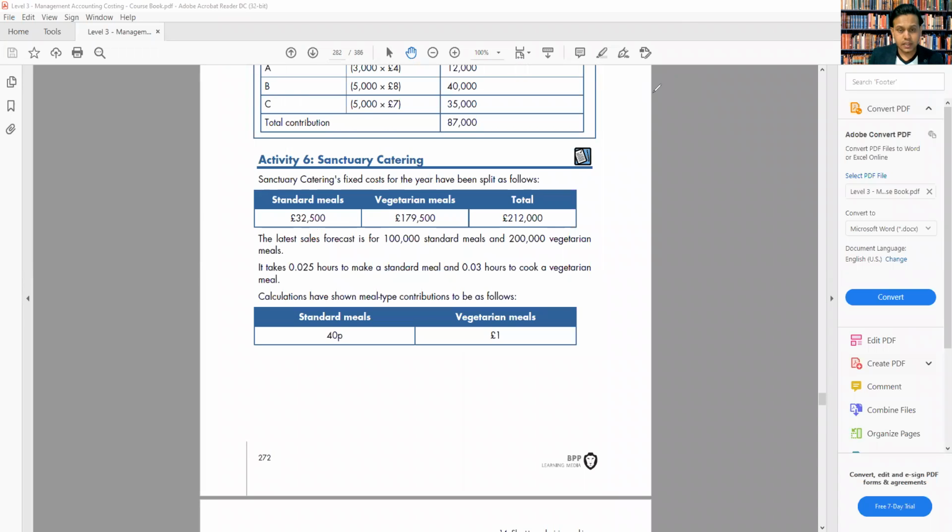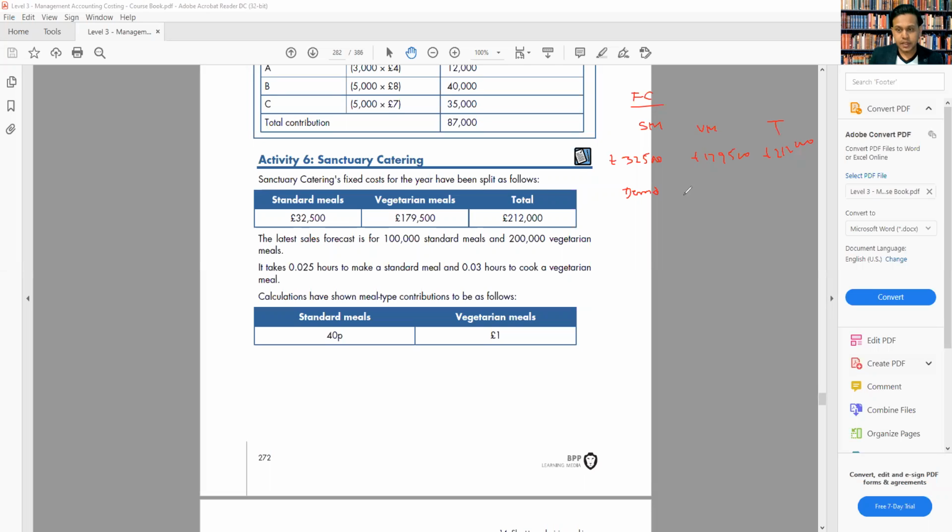So it's a standard meal, the fixed cost. So we have a standard meal, vegetarian meal, and the total. So 32,500. Then we have 179,500. And the total is 212,000. And we have the demand in the market.